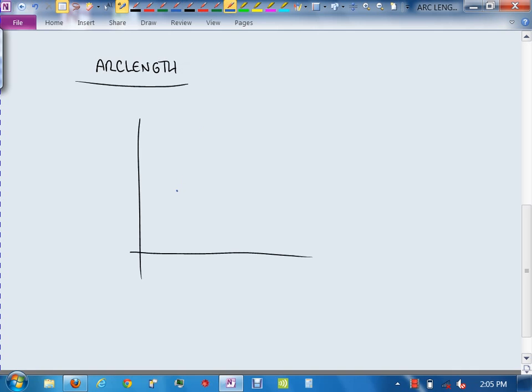But arc length, the idea is pretty simple. You have a curve like this, and you take, let's say from here to here, you take that curve, and let's just say it were string sitting on a board.